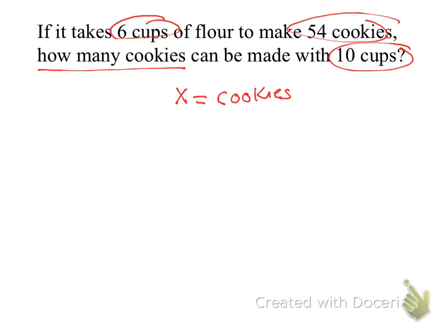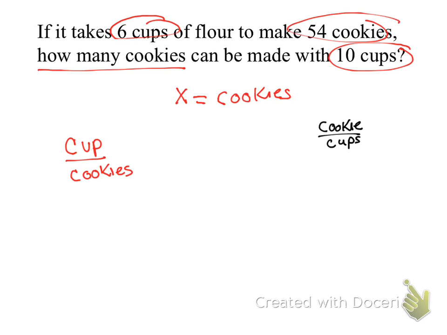So in words, what am I comparing? Yep. You're comparing 6 cups of, I don't want numbers, in words. You're comparing the amount of flour to make, okay, cups to cups to cookies. Now, I don't care if you set this up cookies to cups. Or you could use flour instead of cups, right?